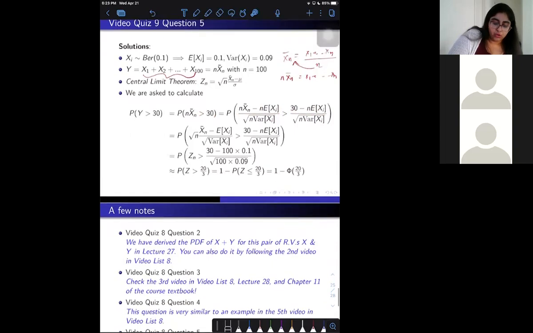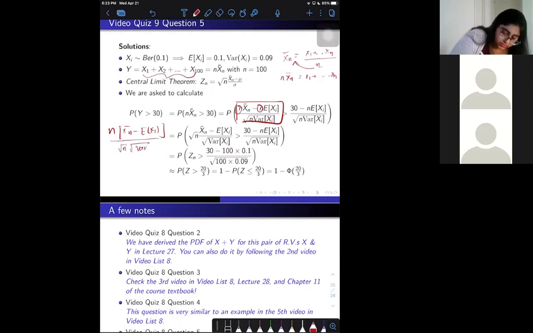Now, from here there is a common n, so we can factor that out, and we are left with Xn bar minus expected value of Xi. We divide that by the square root of n times the square root of variance.